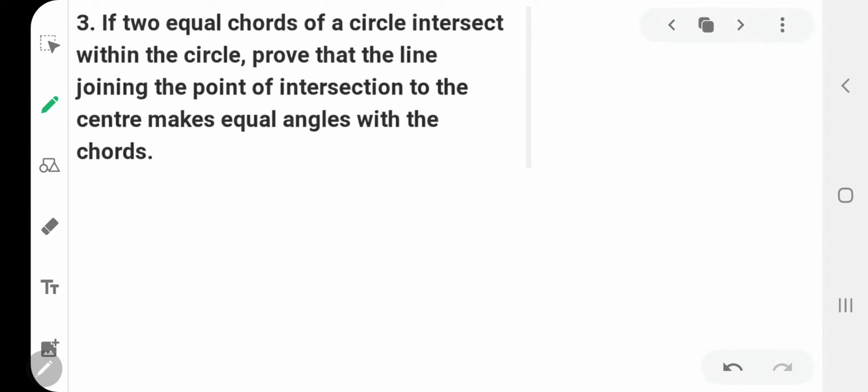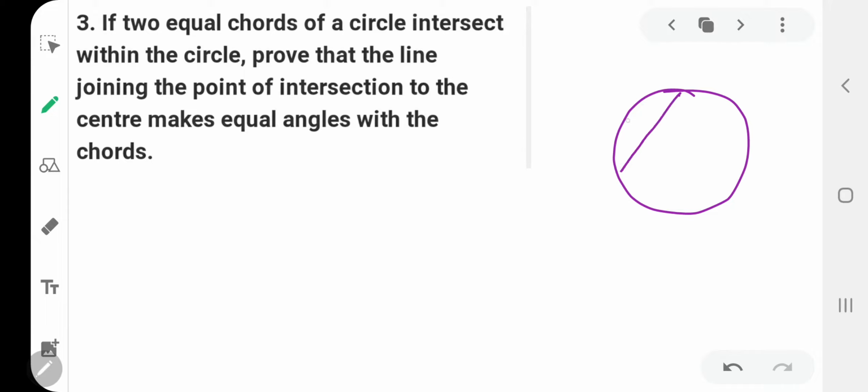Next we have, if there are two equal chords of a circle intersecting within the circle, then you have to prove that the line joining the point of intersection to the center makes equal angles with the chords. Let's draw the figure so that we will understand. We have a circle and two equal chords.